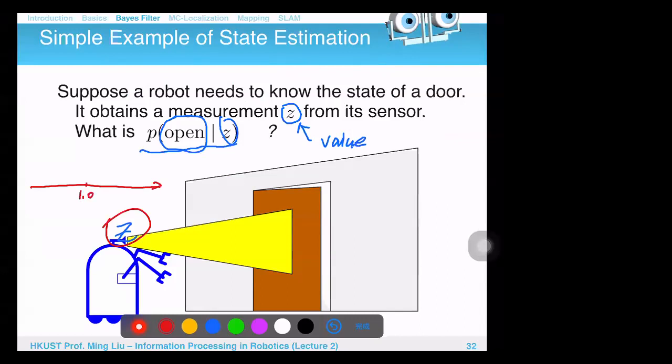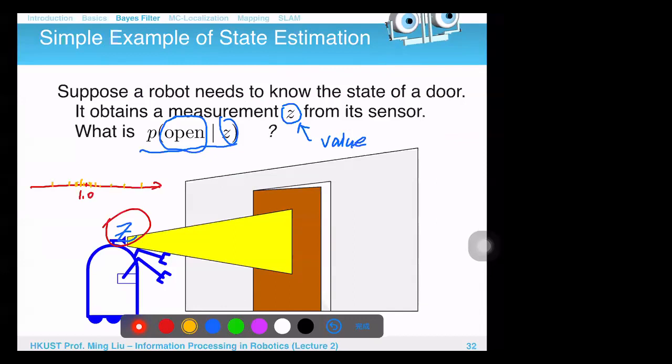And sometimes during your experiment, maybe in the first experiment you will get a value somewhere around 1, and then later you will have other observations.